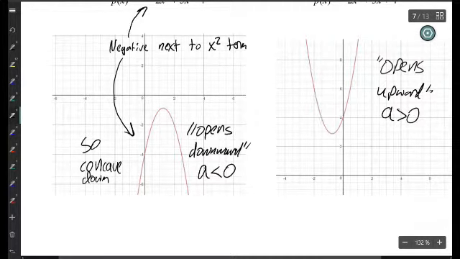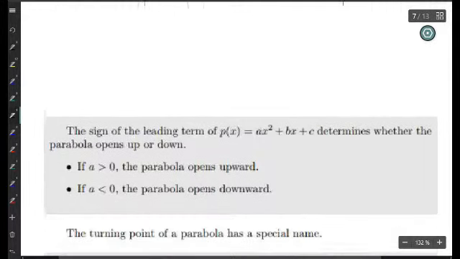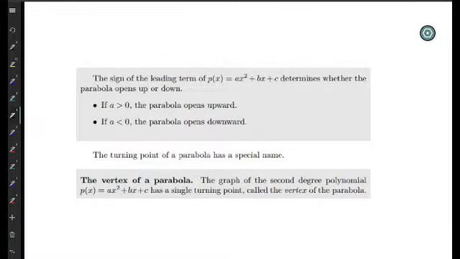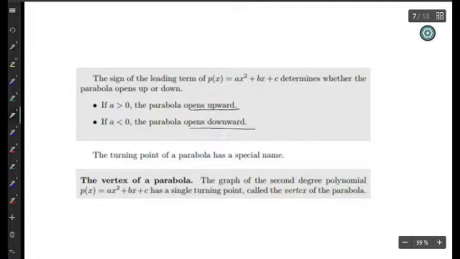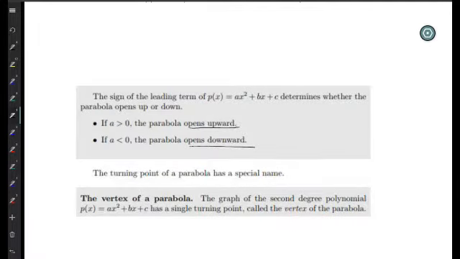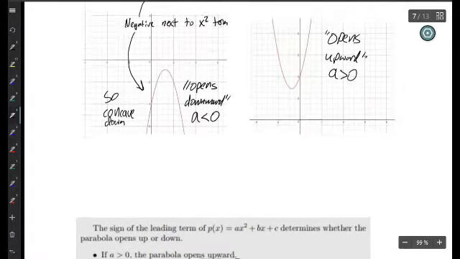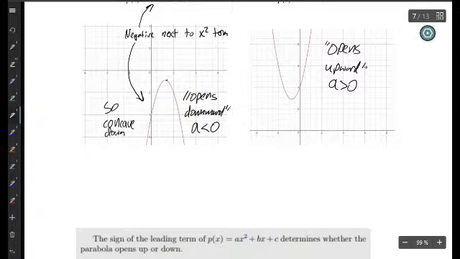And we have here in the notes that if a is greater than 0, it opens upward, a less than 0 opens downward. This turning point here, this is the vertex.